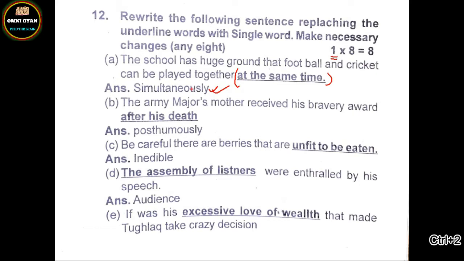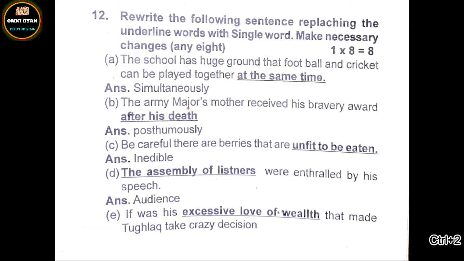Sometimes I do not know, but examiners may not consider your answer and give you 0. It depends. But in general if you write the correct answer you get half, but don't write one word. You are supposed to write the whole sentence and then replace this group of words with only one word. Let us move on.